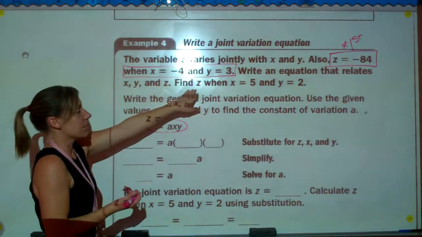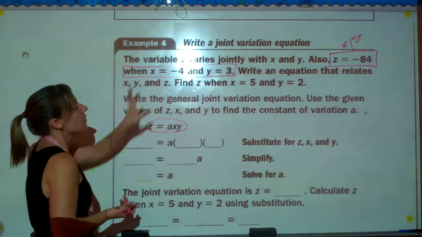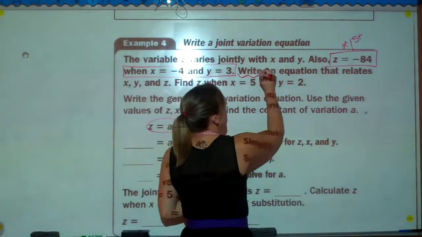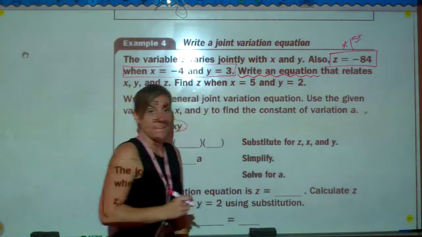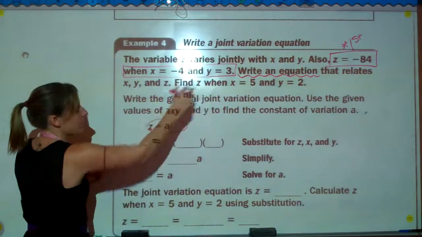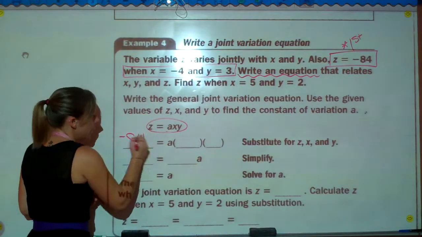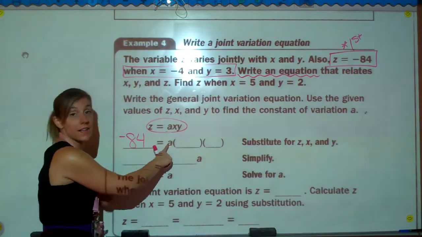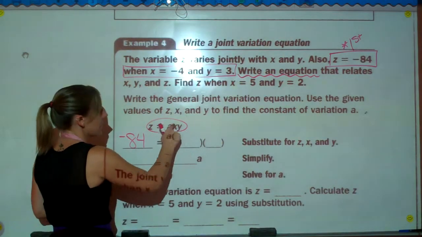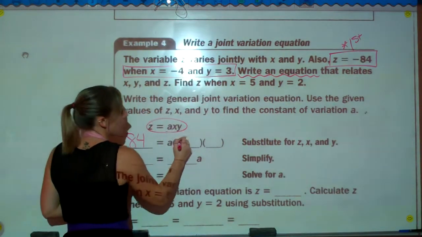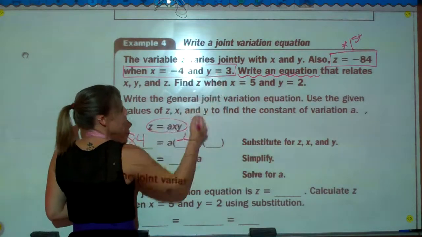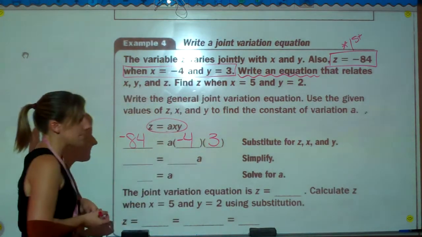Because there's a question right here, all right? So the first set of numbers helps us write that equation. So instead of z, I'm going to put in negative 84. A is the constant, that's what we look for. Instead of x, I'm going to put in negative 4, and instead of y, I'm going to put in a 3.